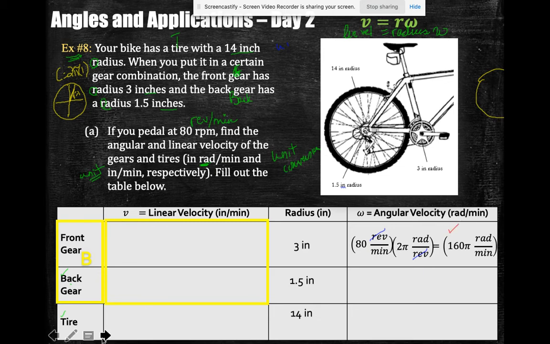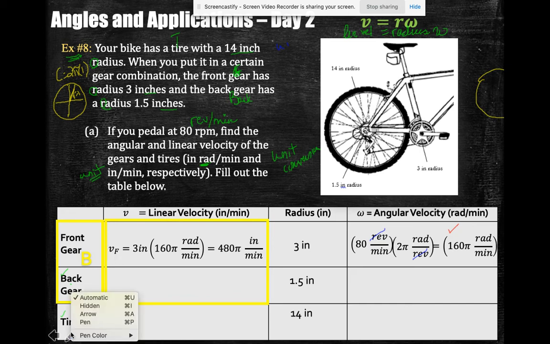So there I go. The velocity of the front is equal to the radius times omega. And the omega I just found, notice I keep my units with me because this is really inches over 1, right?